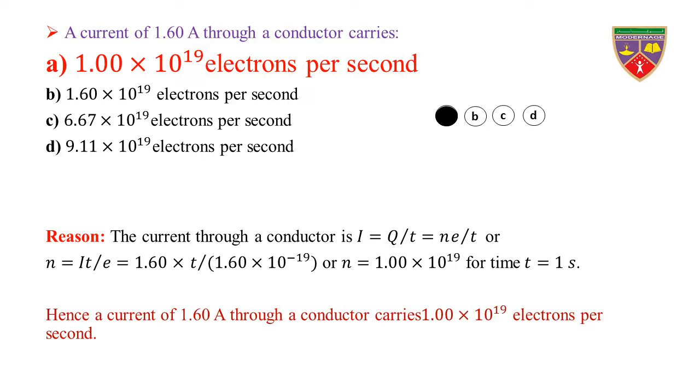Hence, a current of 1.60 ampere through a conductor carries 1.00 into 10 power 19 electrons per second.